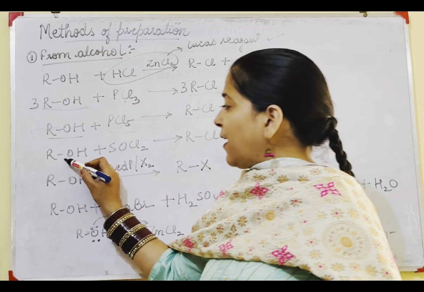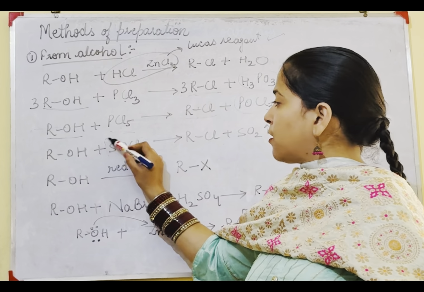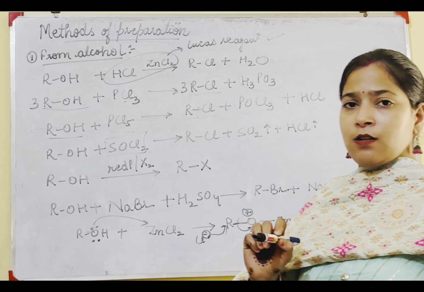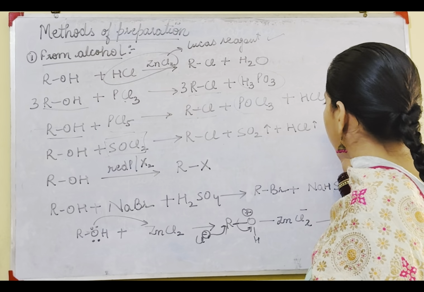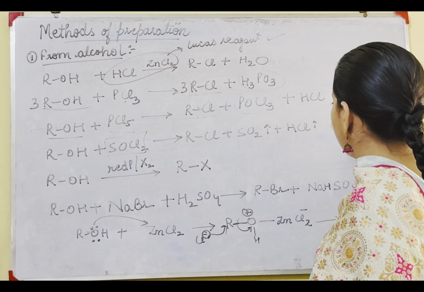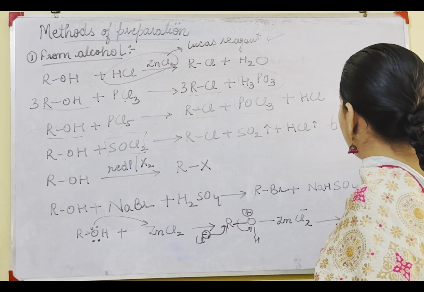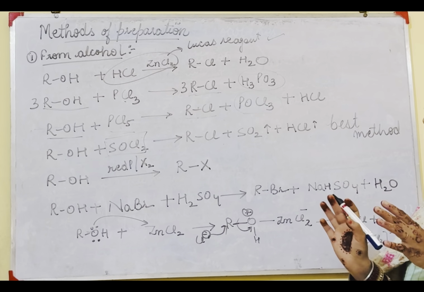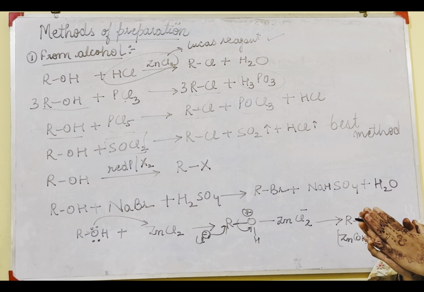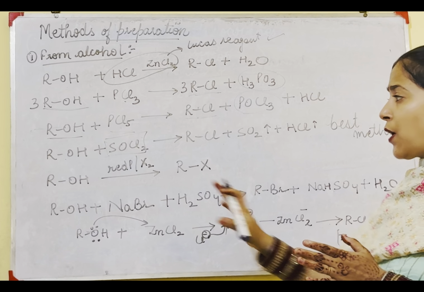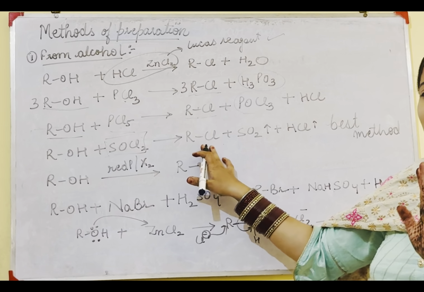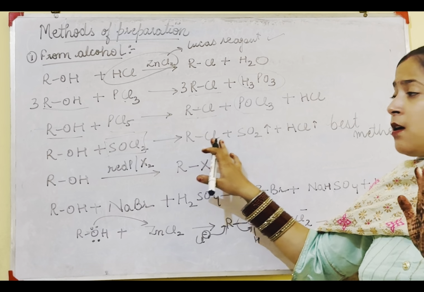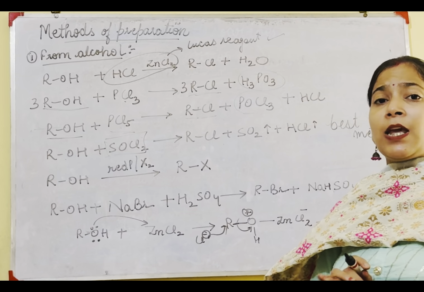Next, when alcohol reacts with thionyl chloride, this is the best method. When this alcohol reacts with SOCl2, thionyl chloride, it will form alkyl halide. Sulfur dioxide and HCl will be evolved.